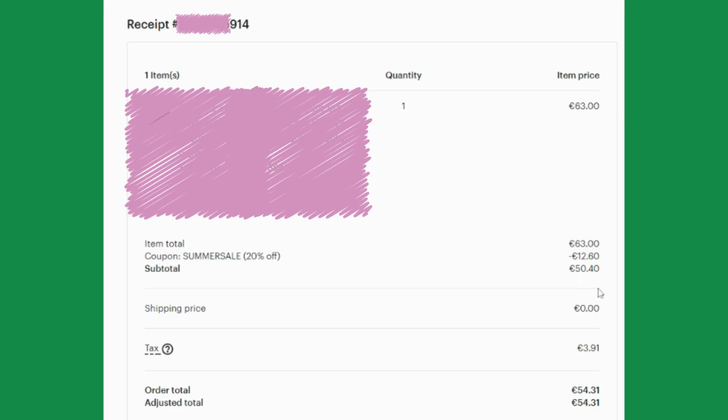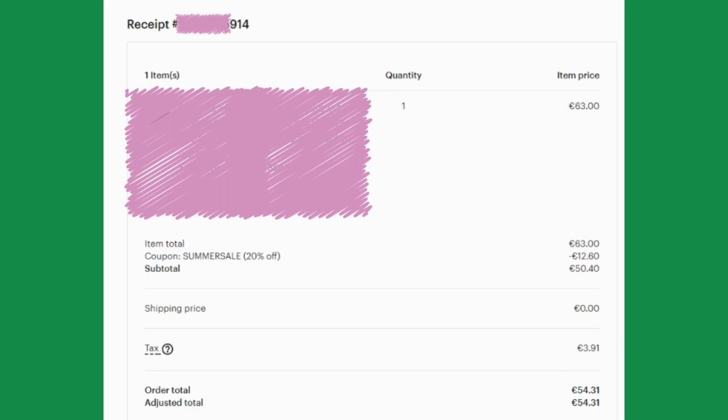So my item price, 63 euros, is going to be discounted by 20%, leaving me with 50 euro and 40 cents. However, on top of this amount, Etsy is going to charge regional tax, which is 3 euro 91 in this case. This is not Etsy fee, this is a governmental tax. My order is going to the United States and the customer in the United States has to pay this tax to the government of the United States.